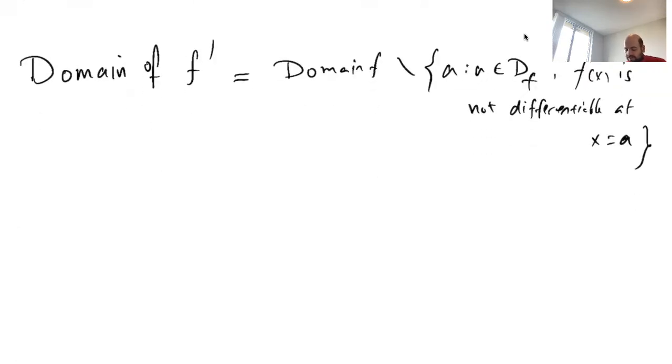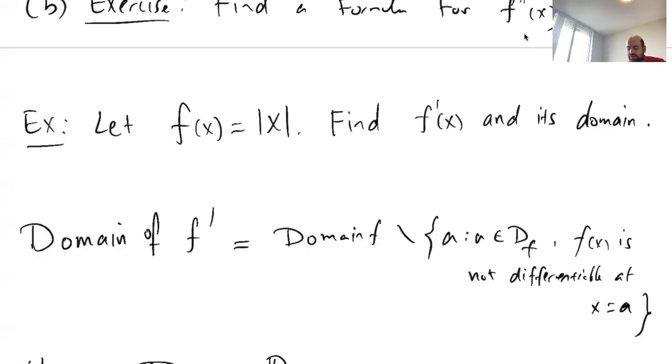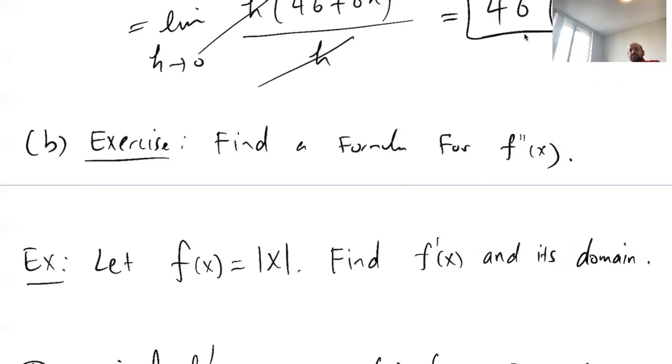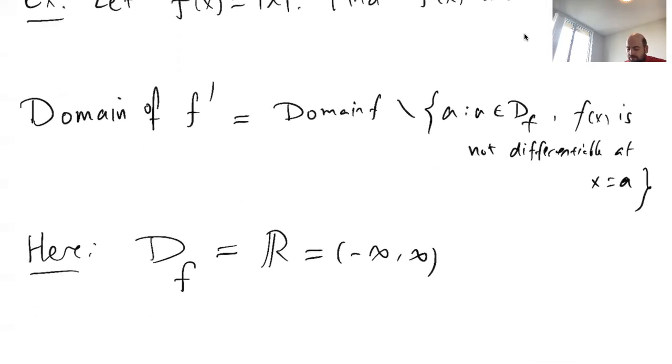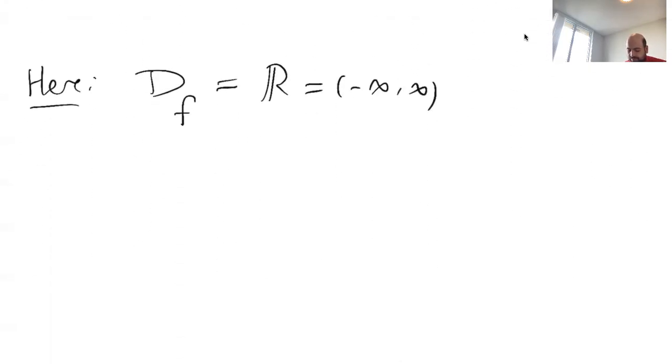So what is the domain of f here? The domain of absolute value of x is all real numbers, or minus infinity to infinity, right? Absolute value of x is defined at every point, so the domain is all real numbers. But is there any point where f of x is not differentiable?